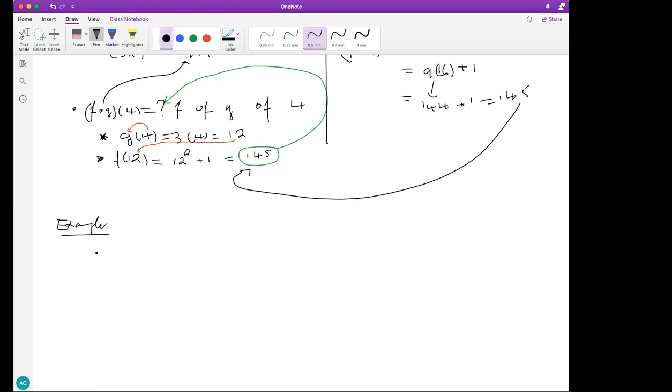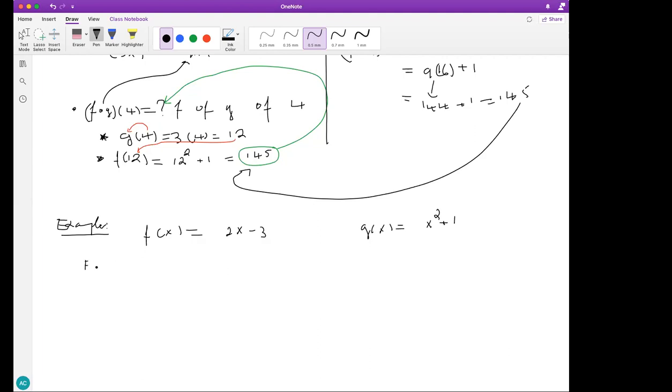Let me give you some examples here. Let's say, okay, let's make up a couple of functions: f of x = 2x minus 3, g of x = x squared plus 1.